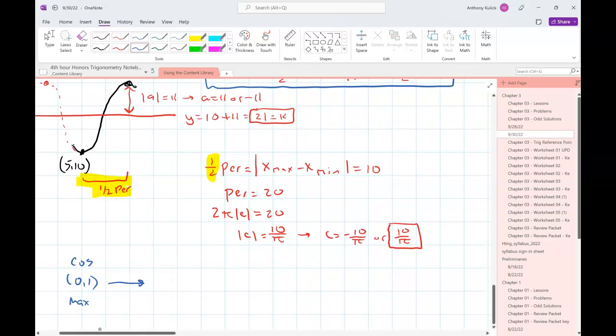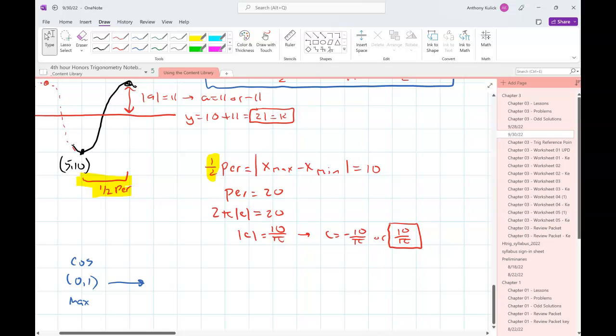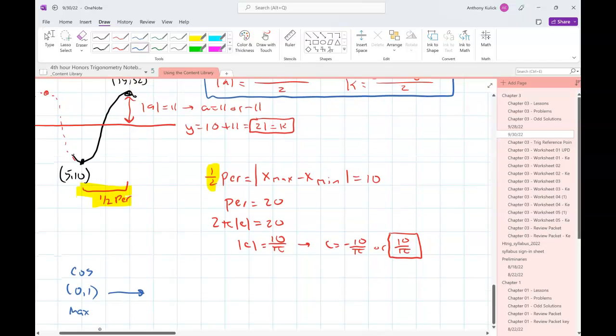So which one of the two would I want to use here? Would I want to use 15, 32 or 5, 10? I mean, I would do 15, 32 because it's a max. It doesn't matter, though, because what the max to max is telling me is that my A has to be positive.